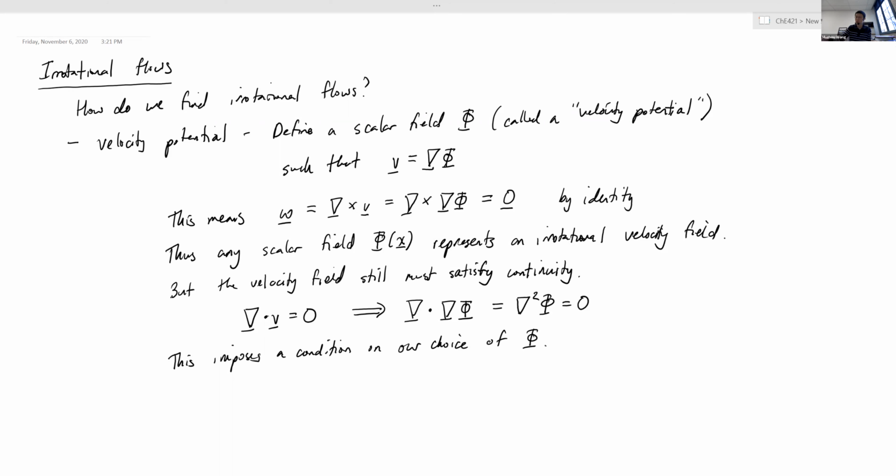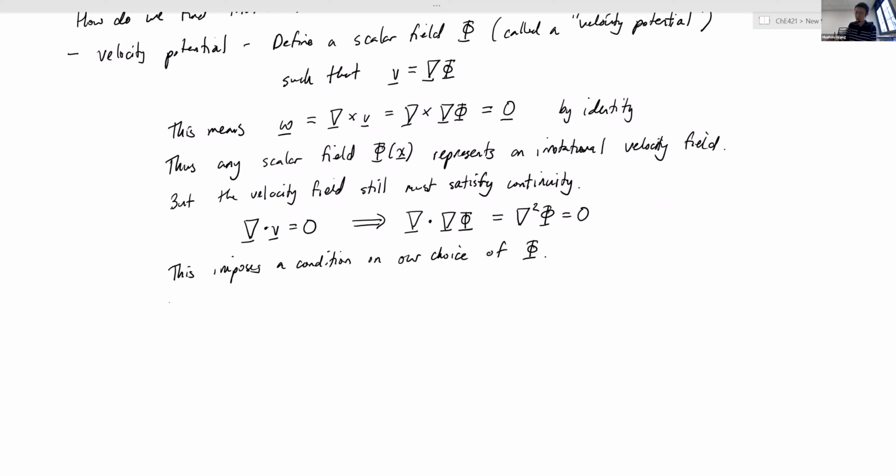Okay. What this means is to find an inviscid irrotational flow, but remember inviscid and irrotational are the same thing now, then all we have to do is solve this equation. Right?